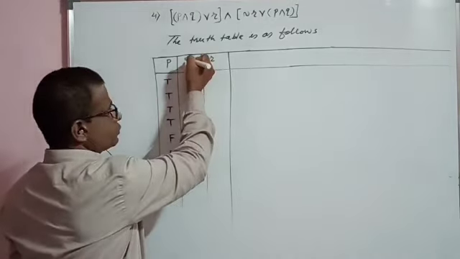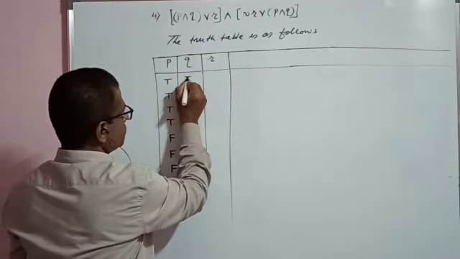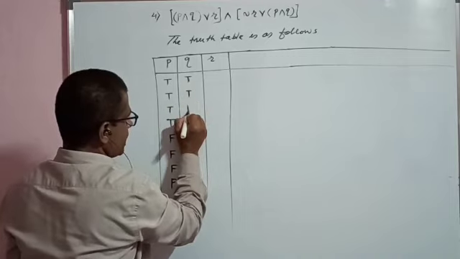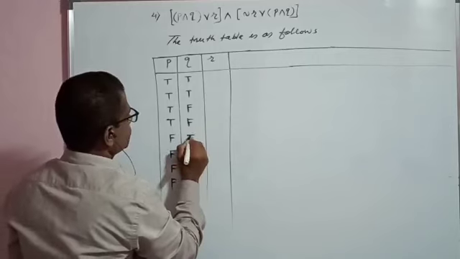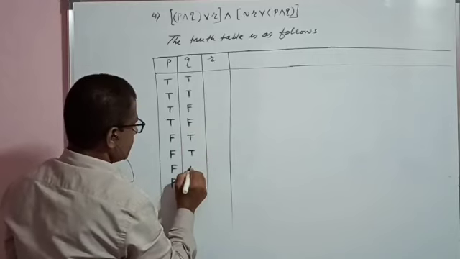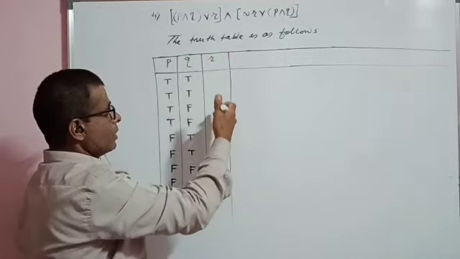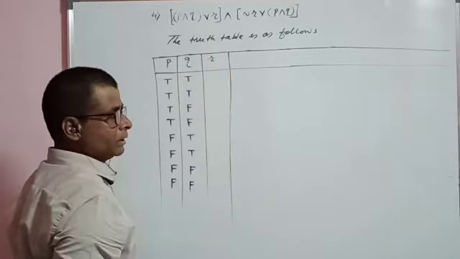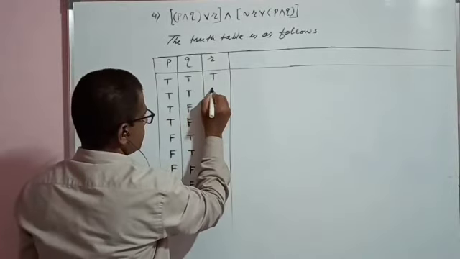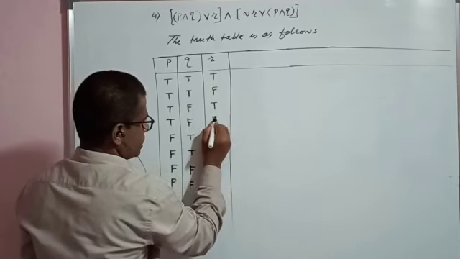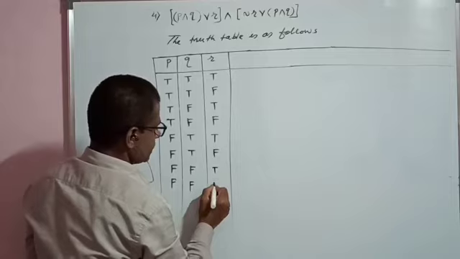Then while writing the truth values of the statement letter Q, you write first 2 are true, next 2 are what? False. So like that alternately you write: T T F F. Then while writing the truth values of the statement letter R, alternately you write T F T F, say T F T F T F T F.